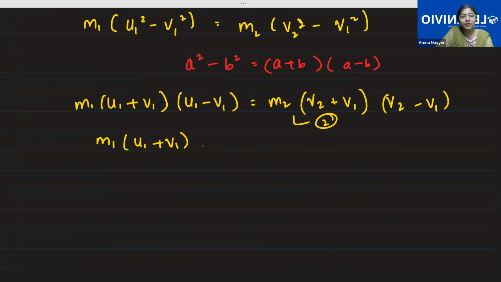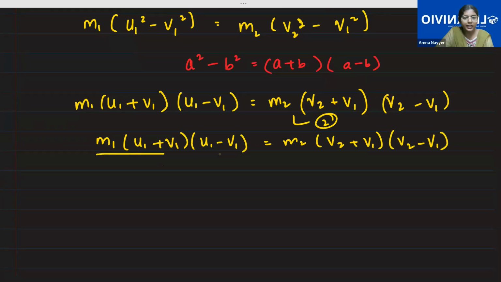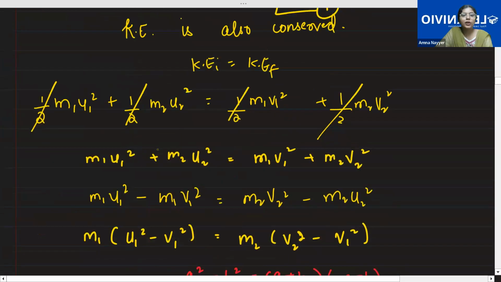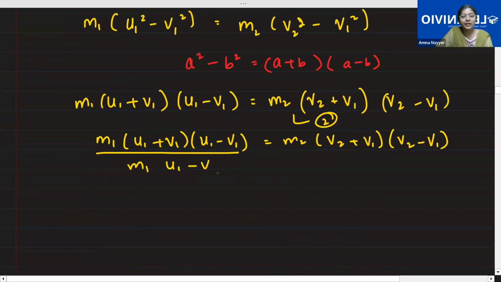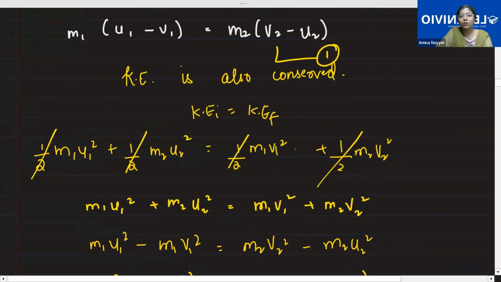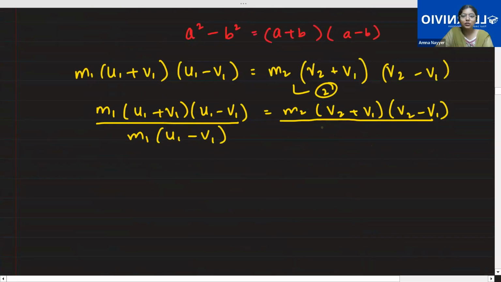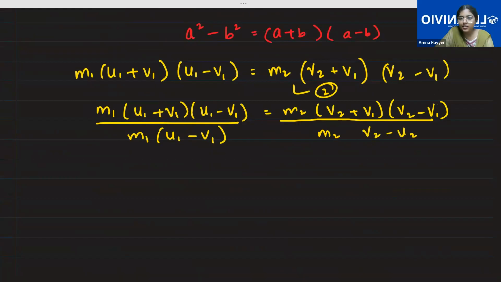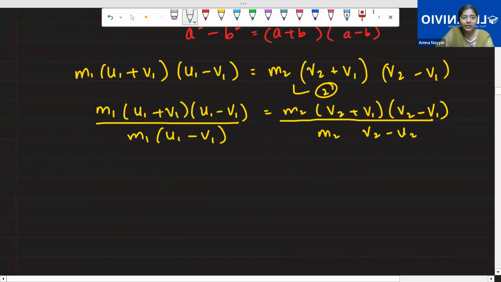So m1 into u1 plus v1 into u1 minus v1 equal to m2 into v2 plus u2 into v2 minus u2, divided by the first equation, m1 into u1 minus v1 on this side, divided by m2 into v2 minus u2 on this side. I've made it look like this.